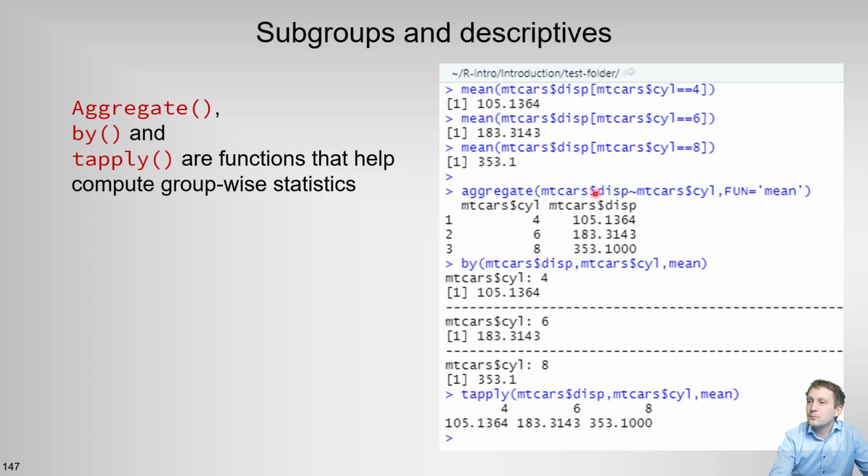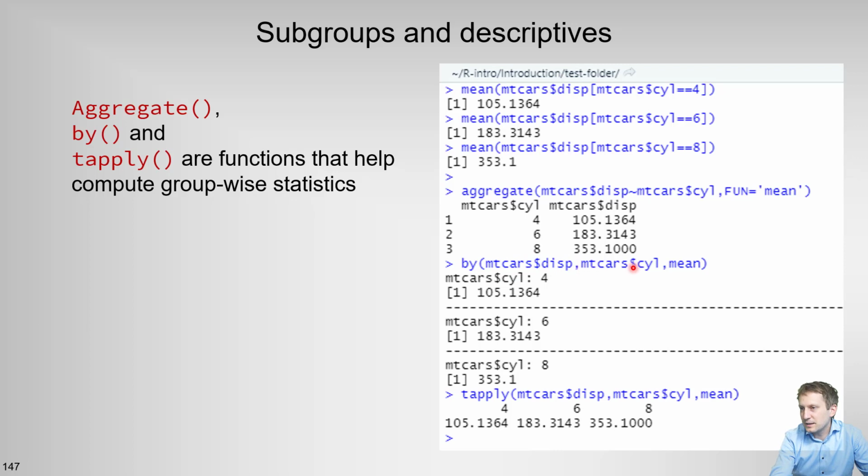What this will give you is a data frame where you will see the number of cylinders in the first column and then the averages for the displacement for each of those groups. I personally like this output the best. That's kind of what you want. If you use the by function, you say by mtcars$disp. So we want to, again, summarize the displacement.